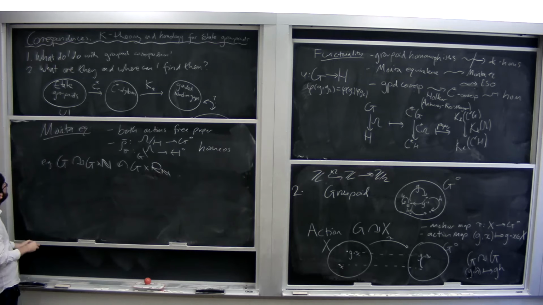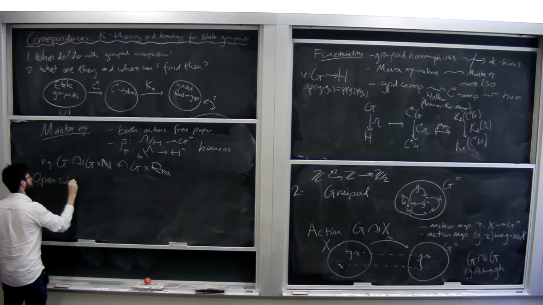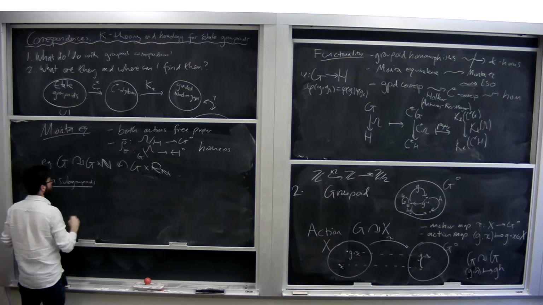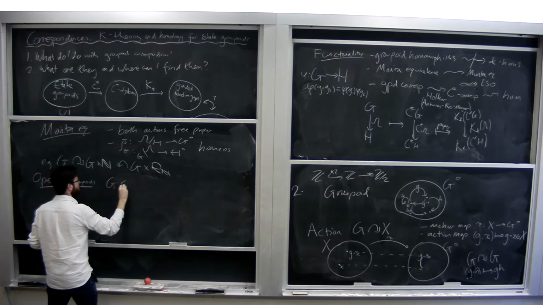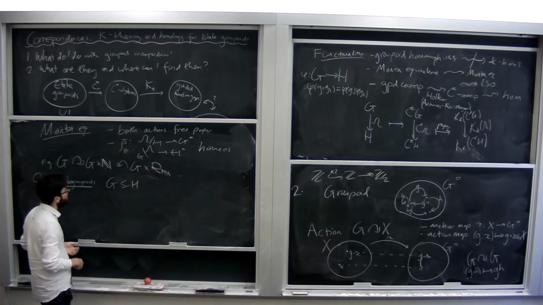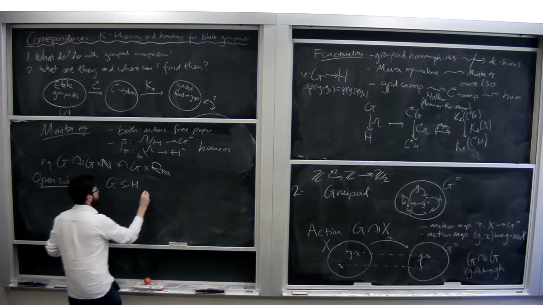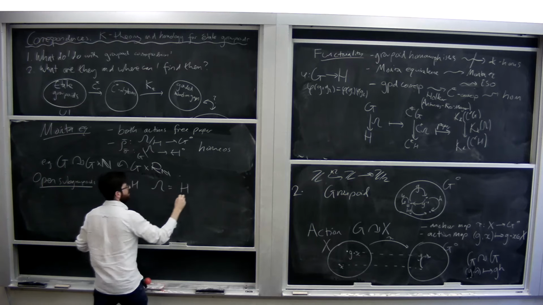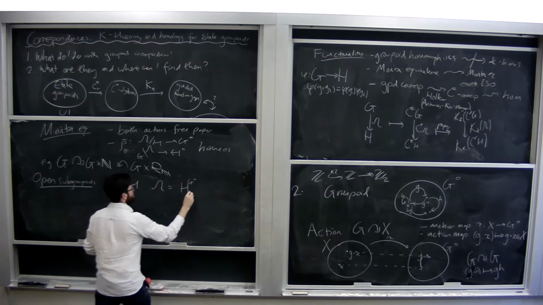Another nice example of morphisms of groupoids are open subgroupoids. Say I have G, an open subgroupoid of H. Then I can set omega to be all of the arrows in H whose range is in G naught.